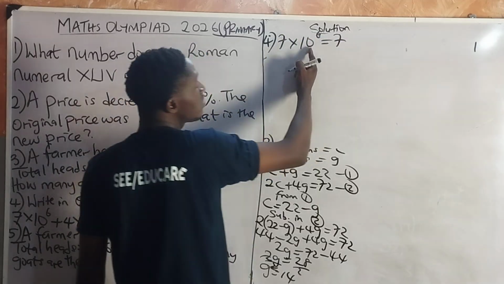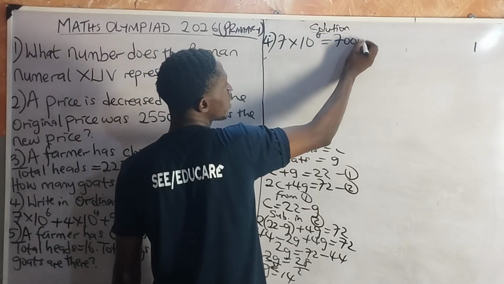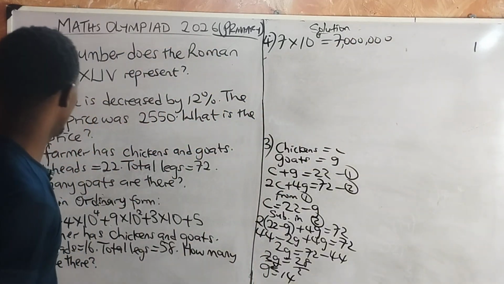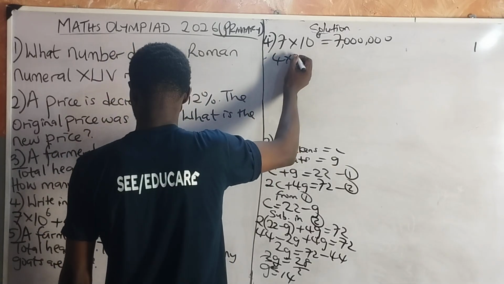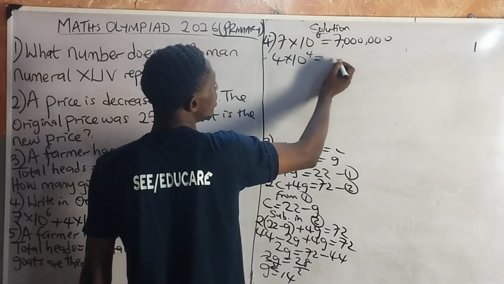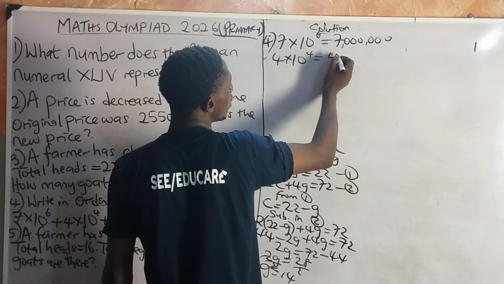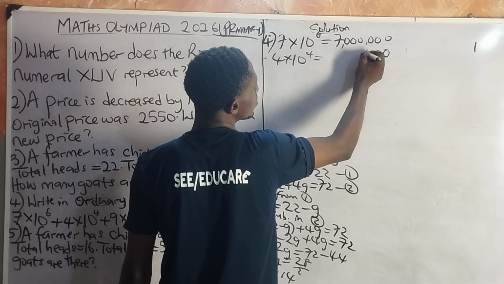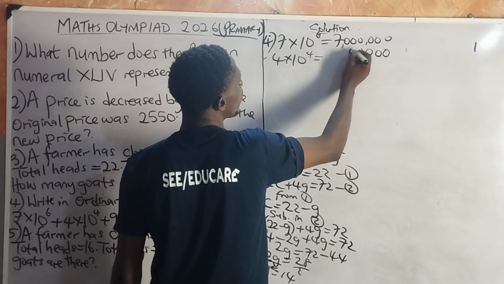It means 7, and 10 raised to the power of 6 means 6 zeros: 1, 2, 3, 4, 5, 6. Then the next one we have is 4 times 10 raised to the power of 4. We have 4 zeros here: 1, 2, 3, 4. Then I will put 4.